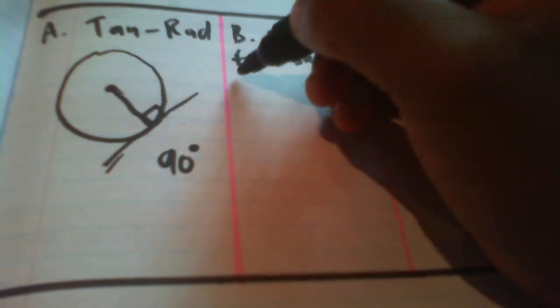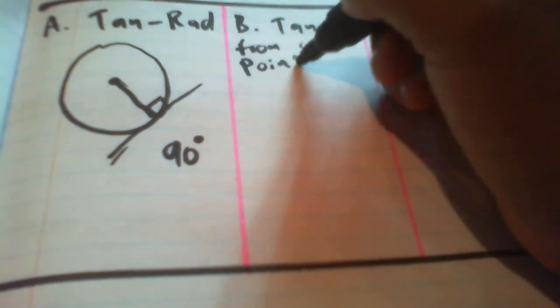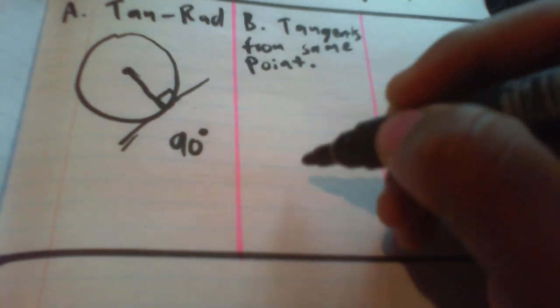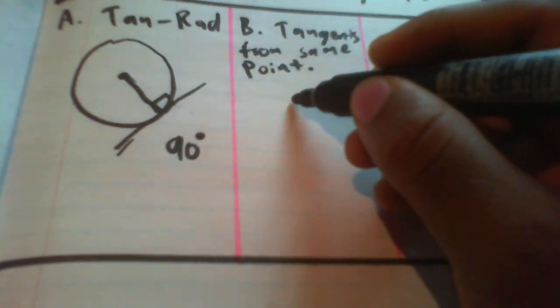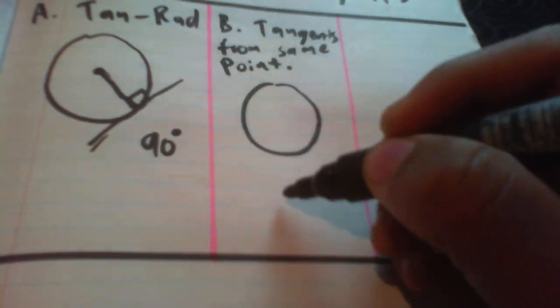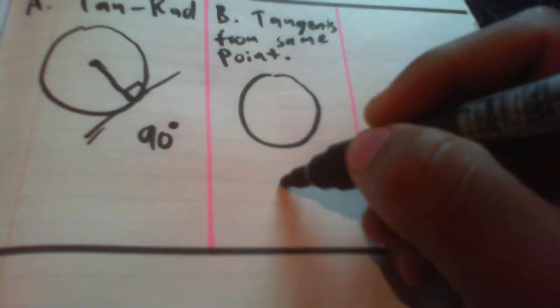Tangents that are drawn from the same point. So imagine you have a circle and you have this point here.